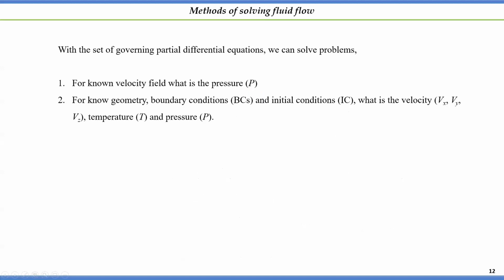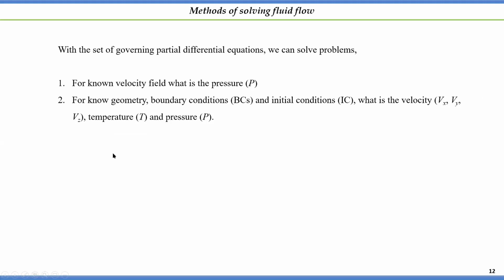So when you solve all these governing partial differential equations, what kind of problems do you have? If you have the velocity field, by giving this velocity field to your equations, you are able to find out the pressure gradients prevailing in the field. If you have a known geometry, boundary conditions, and initial conditions, then you are able to get the velocity field, temperature field, and pressure field.